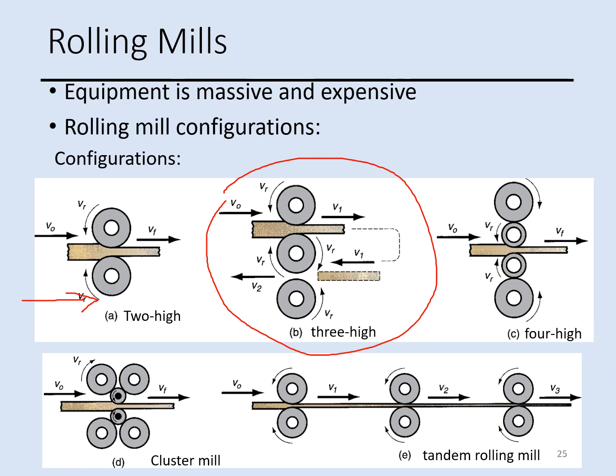We have three rolls. The workpiece goes this way first, and then it comes as a raw material for this part. Or we have four high, or here we have a cluster mill, or this is a tandem rolling process. So continuously the thickness of the part is reduced.